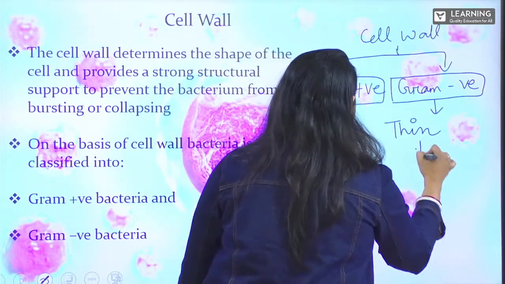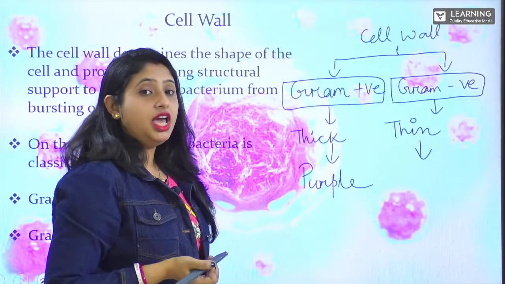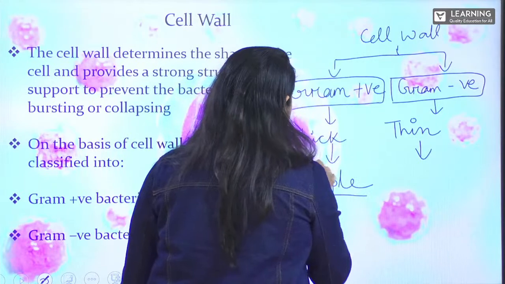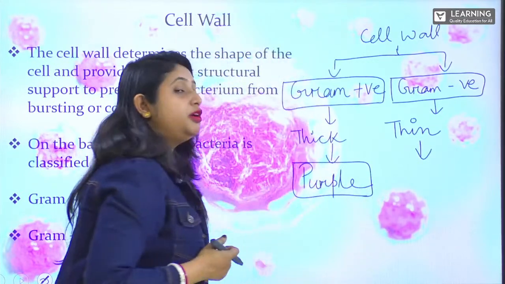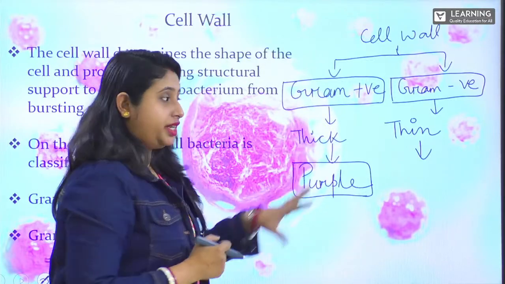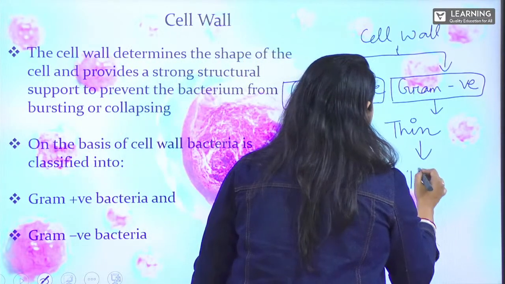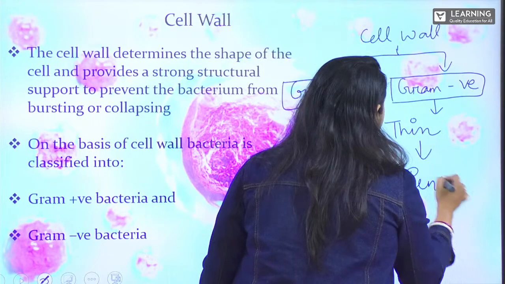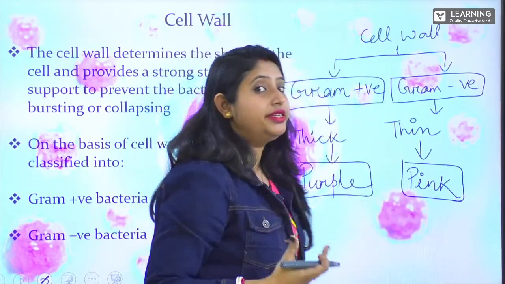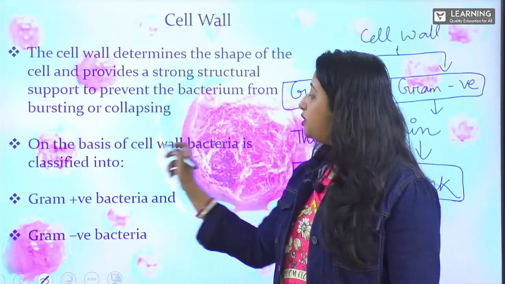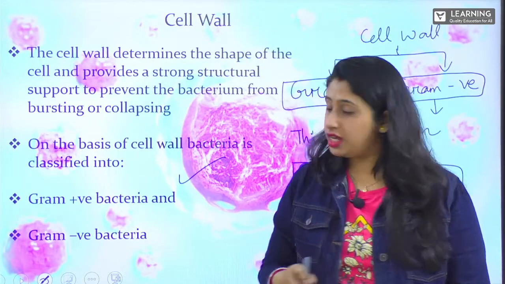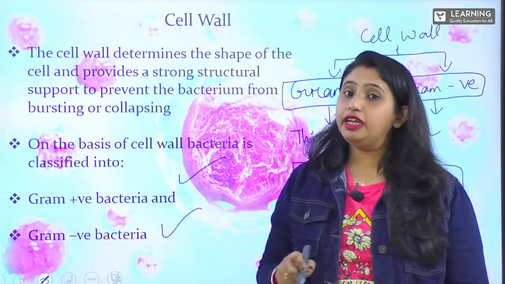So this purple color represents gram-positive bacteria, whereas gram-negative bacteria are represented as pink color. We will learn how the staining is done. On the basis of the cell wall, bacteria are classified into gram-positive and gram-negative.